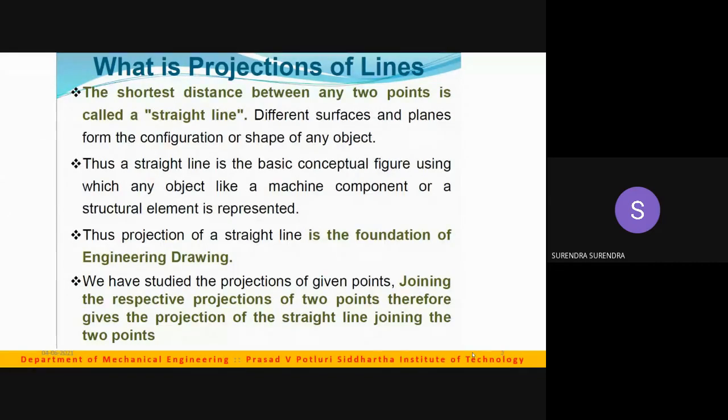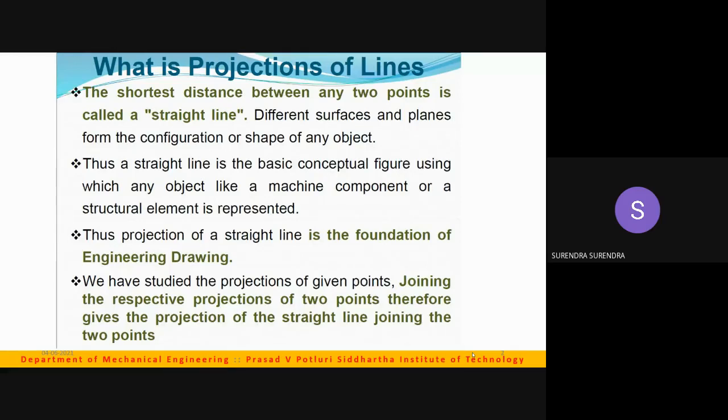You know that the shortest distance between any two points is called a line. So we started the concept based on points, and from now onwards, as I said earlier, the second quadrant and fourth quadrant are not used.